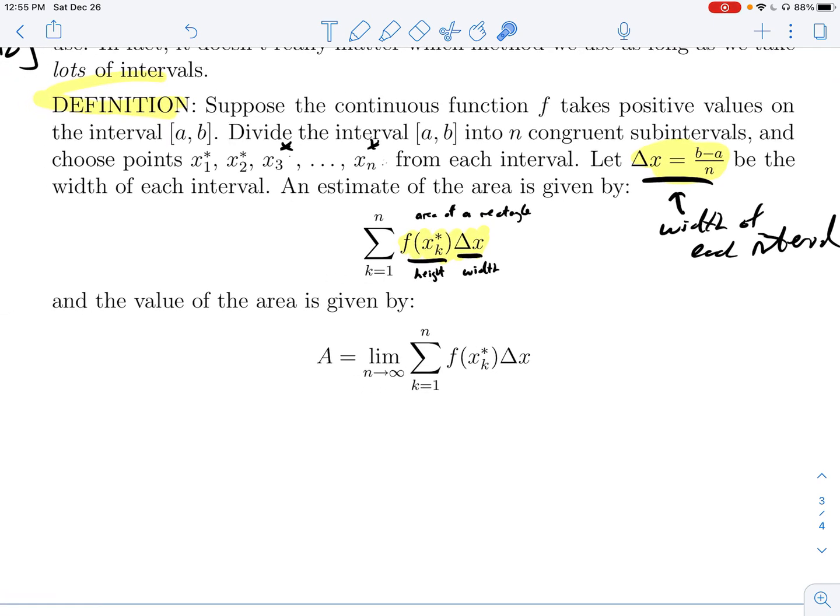And now that's an estimate, right? The actual way we find the value of the area is we just run a limit on this. We say, do this estimate and then keep doing it with more and more rectangles. Do it with 100 rectangles, see what you get. Do it with 1,000 rectangles, see what you get. Do it with 1,000,000 rectangles, see what you get. Are they all headed towards a specific number?